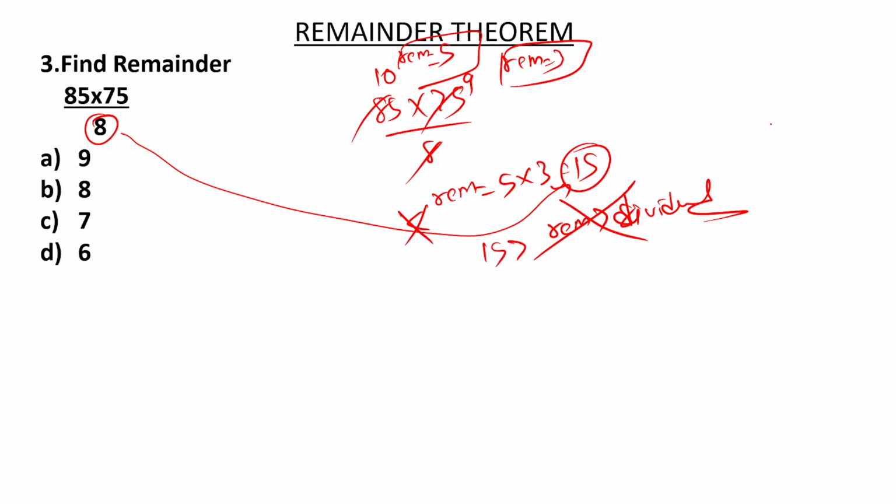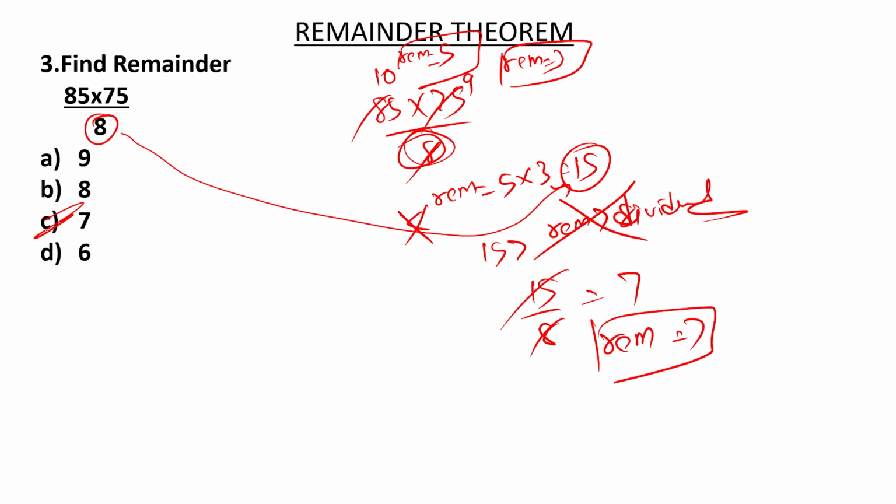So what we are going to do is divide the 15 by the same dividend which we have here. 15 divided by 8 means 1 time, so we get a remainder of 7. Therefore, remainder is equal to 7. 7 is our final answer. I hope you understand it. That's how we do the remainder theorem sums.